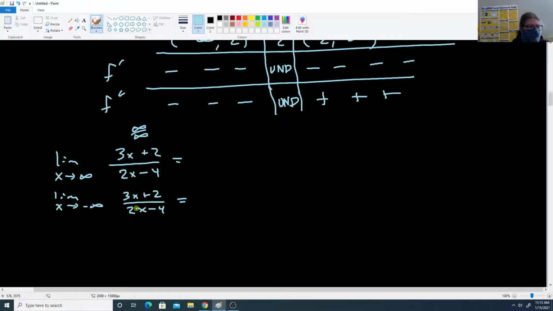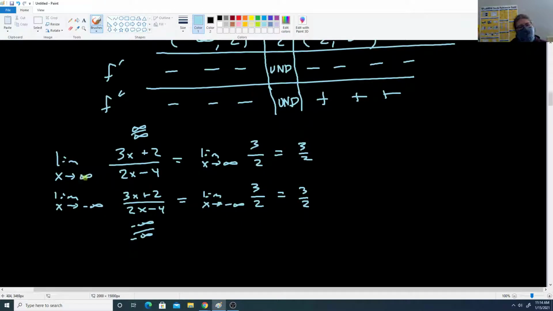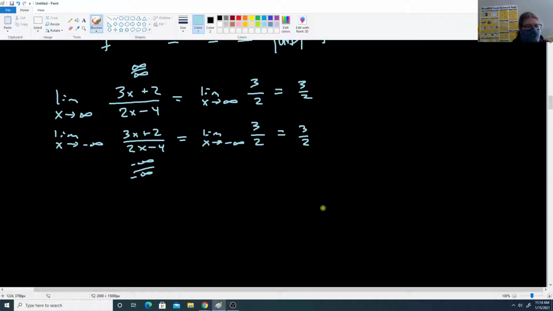Down here, this will go to negative infinity, that'll go to negative infinity. So in both cases, we can use L'Hopital's rule. So I take the derivative of the top and the derivative of the bottom in both cases. Derivative of the top is 3, derivative of the bottom is 2. Down here, derivative of the top is 3, derivative of the bottom is 2. So both cases end up going to 3 halves. As x goes to infinity, you get 3 halves. As x goes to negative infinity, you get 3 halves.